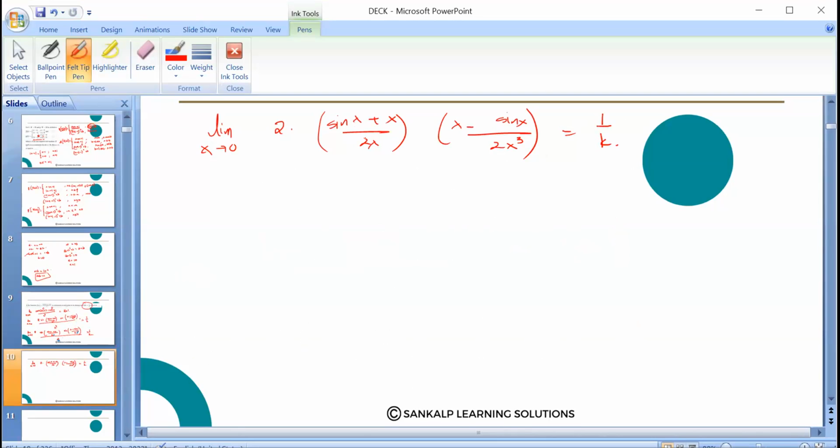So now when you take the limit, you'll write 2 into sin x by 2x plus 1 by 2 into 1 by 2x square minus sin x by 2x.